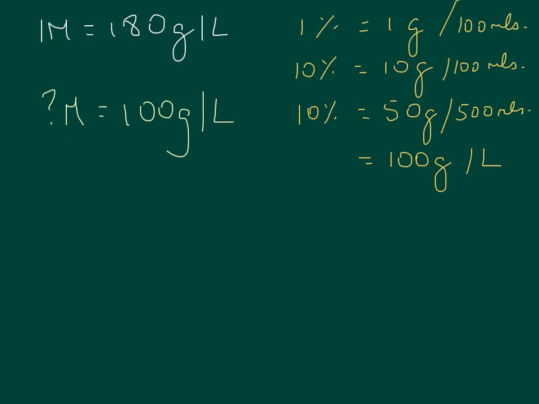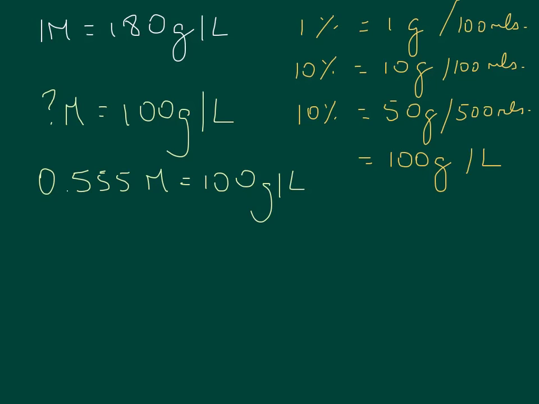So if I get the calculator and I say 1 divided by 180 and I multiply it by 100, I get 0.555 and so on, it's all 5s. Molarity is equal to 100 grams per litre. So that really sets the scene for our molar concentration of the solution.